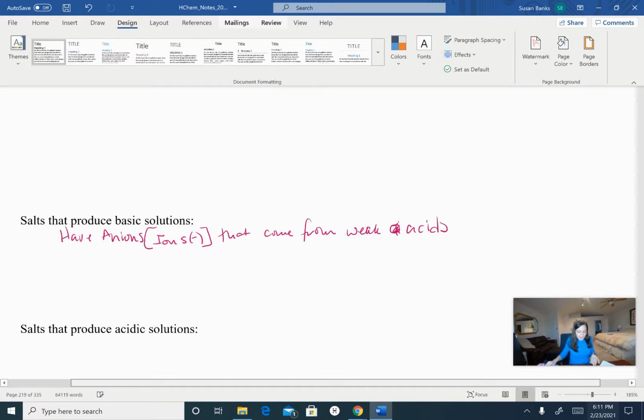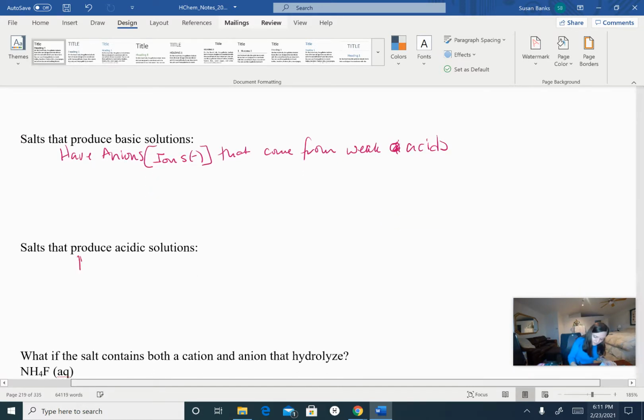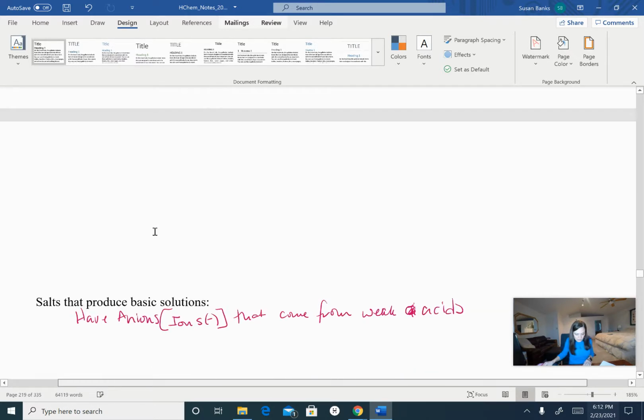And then salts that produce acidic solutions have cations, or the positive ions, that come from weak bases.